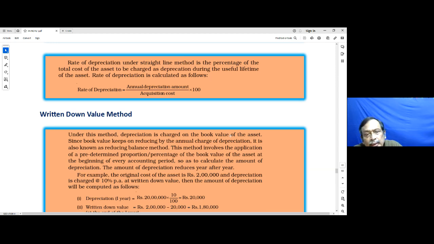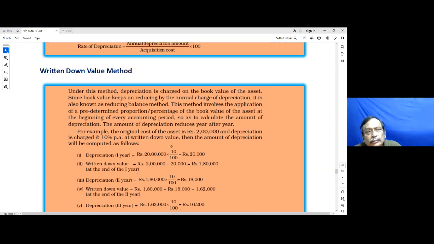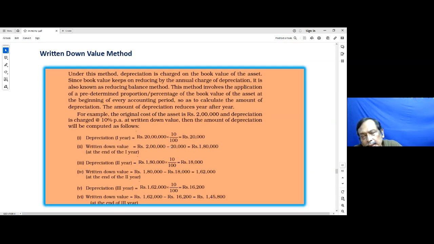Now, the next item is the written down value method. Under this method, depreciation is charged on the book value of the asset. Since the book value keeps on reducing by the annual charge of depreciation, it is also known as the reducing balance method.